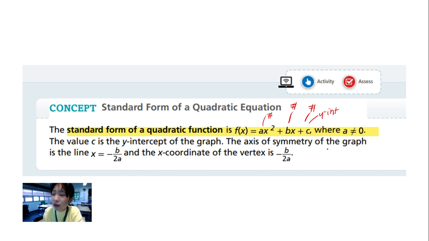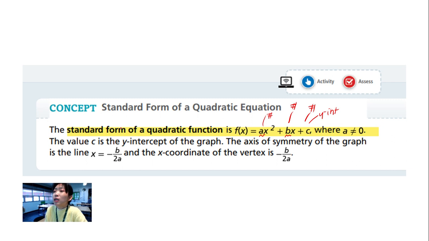The axis of symmetry of the graph is the line x equals negative b over 2a. So look at your coefficients of x squared and x. If you have the terms and you don't see a coefficient, that probably means the coefficient is 1.